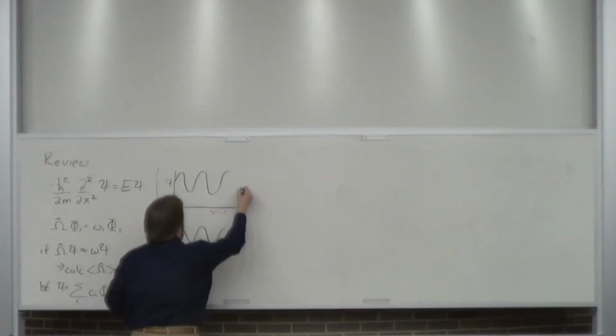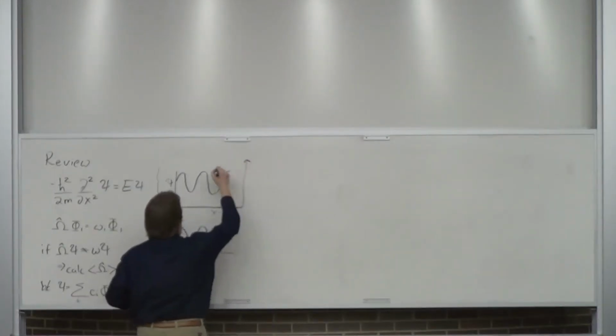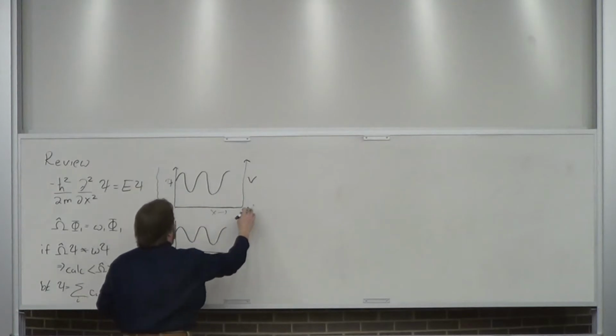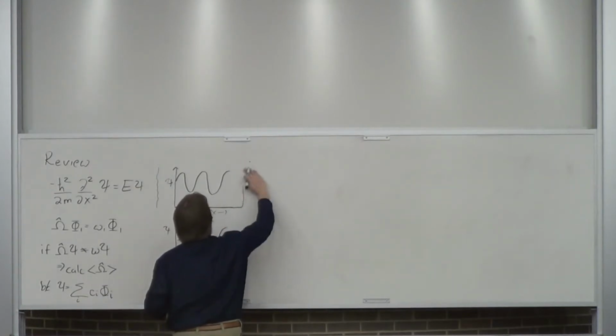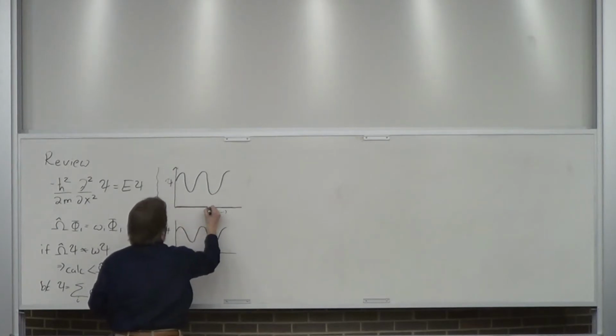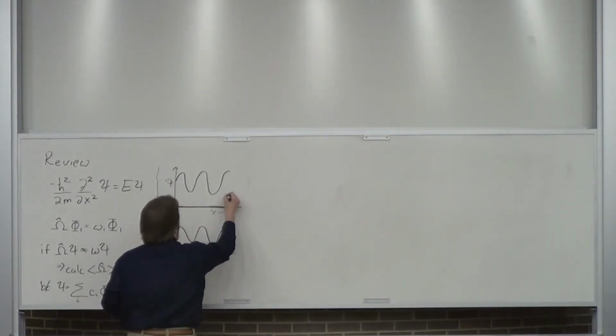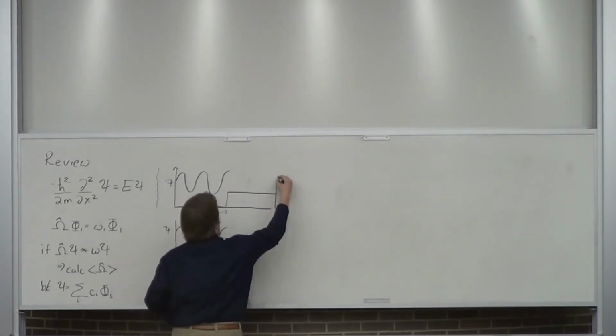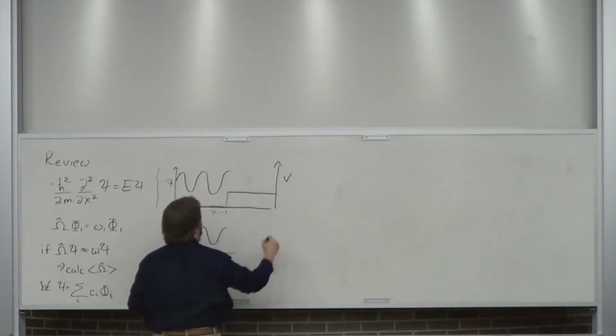It has a new y-axis, and that y-axis is potential. Okay, so what I'm going to do with that is make a potential surface that's going to look like this. There's going to be a step function in potential. Right? And again, here's that new axis.